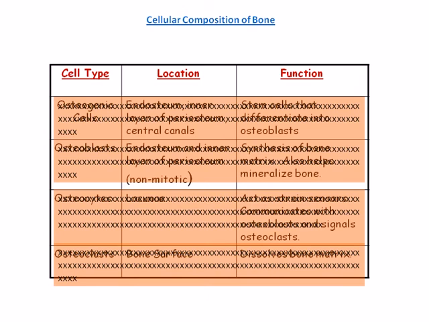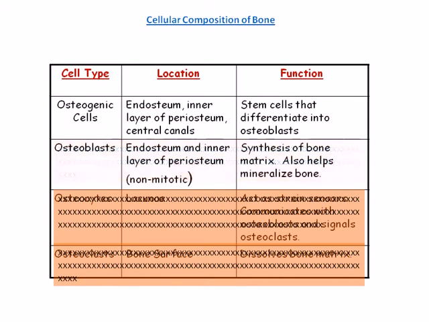The cells of bone tissue include osteogenic stem cells that differentiate into osteoblasts. Osteoblasts produce the fibers and the extracellular matrix of bone tissue. Osteoblasts are non-mitotic cells and also participate in the bone mineralization process.